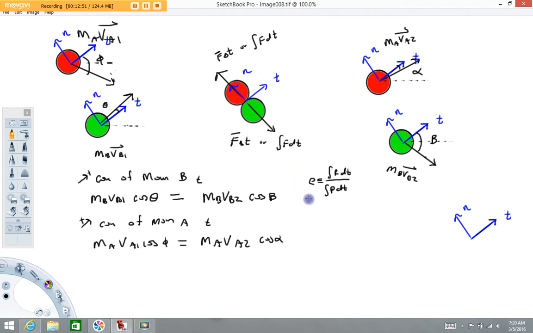All right, so again, you'd want to go back to a previous video to review what that is, but an important thing here is that the coefficient of restitution, by the time you work out all the math, if I have a VB and a VA, it's equal to VB2 minus VA2 over VB1 minus VA1.